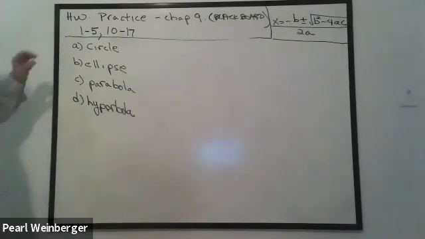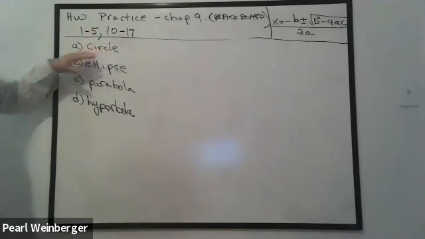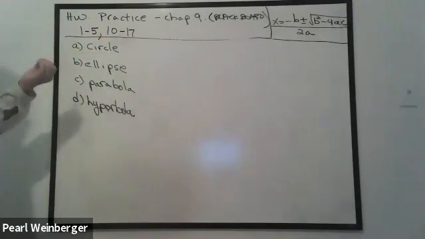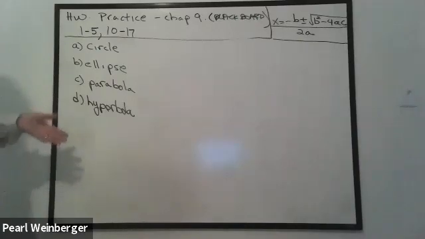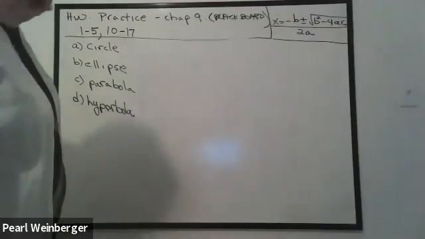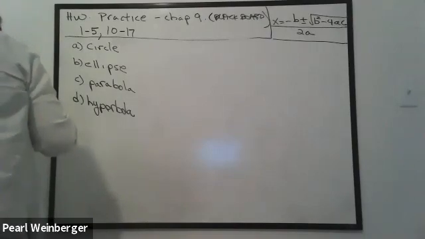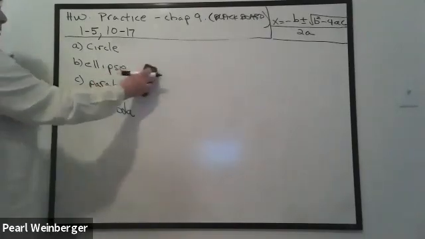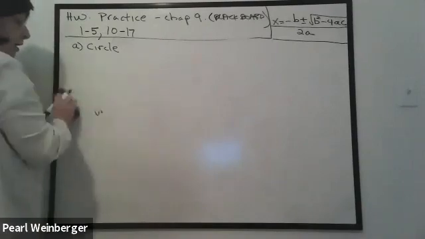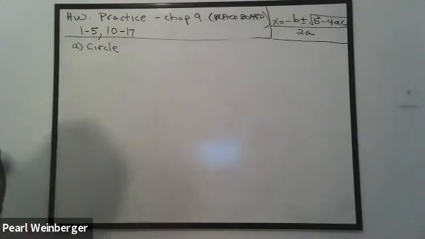And what we also did is we started talking about the circle, how to recognize that an equation is the equation of a circle, and how to graph the equation if we have such an equation. Okay, so let's go through the things that we talked about the other day, and we'll talk about the circle.